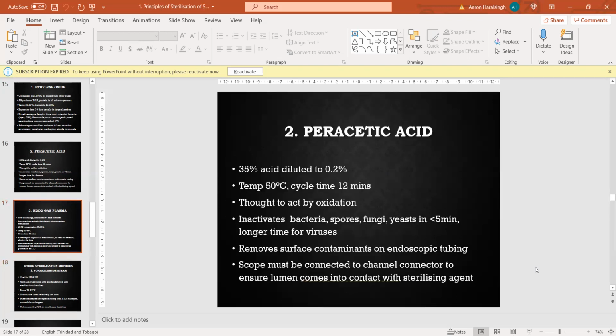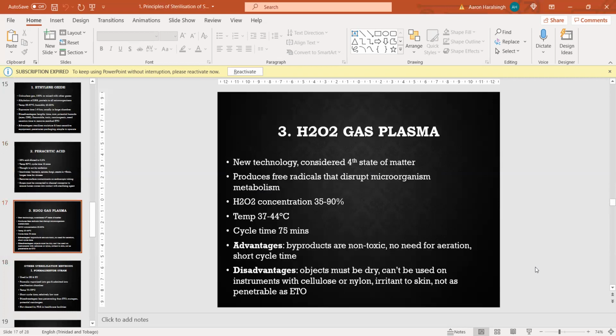as ethylene oxide. So ethylene oxide is still used more often. Ethylene oxide can be used, for example, if you have a mesh that you're going to implant, and it falls on the floor or something, and you need to sterilize it.